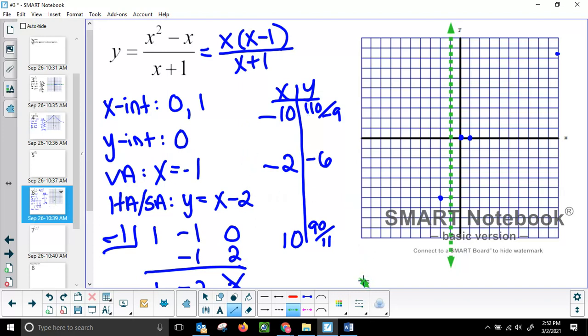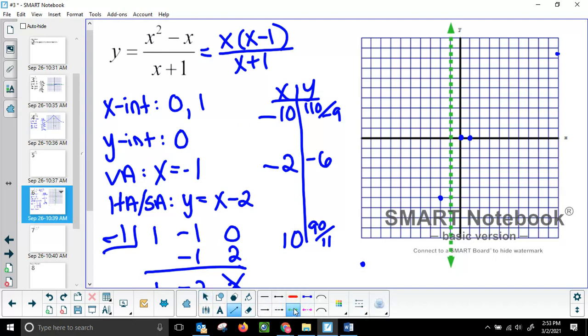So this should not, whoops, that should only be about 13. So there's 11, 12, and a little bit more. So somewhere in here.